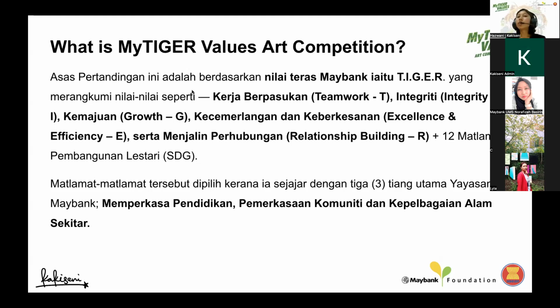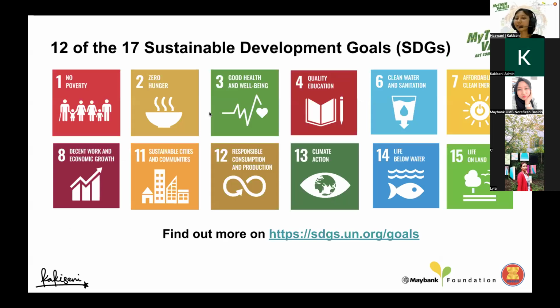Okay, so if you go to the website dekat maybankfoundation.com, akan ada list of apa 12 SDG goals yang you boleh terapkan dalam you punya artwork. Okay, so next. Yeah. So basically ni lah 12 SDG goals yang you guys boleh pilih untuk terapkan dalam artwork you.